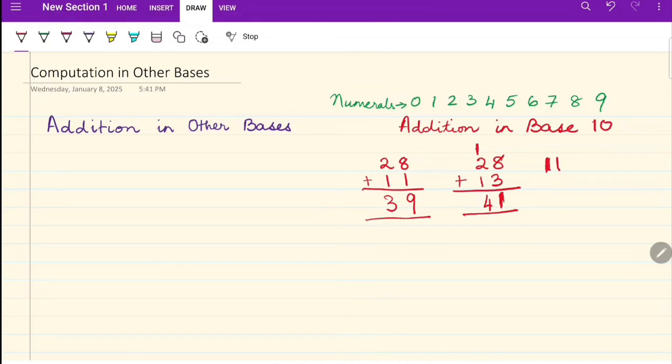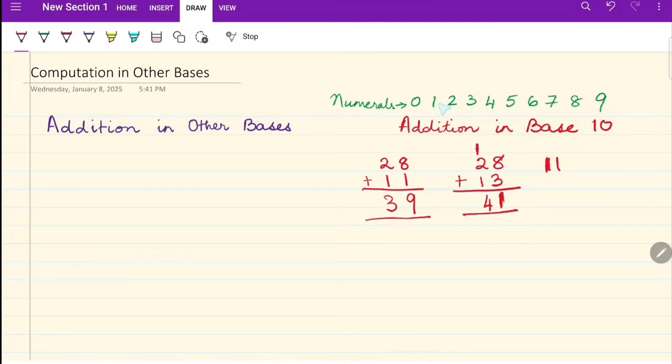Also realize one thing, that the numerals in each of these positions, whether it's the units position or the tens position or the hundreds or 1,000 position, can only take values within the list of numerals in our base 10 system.